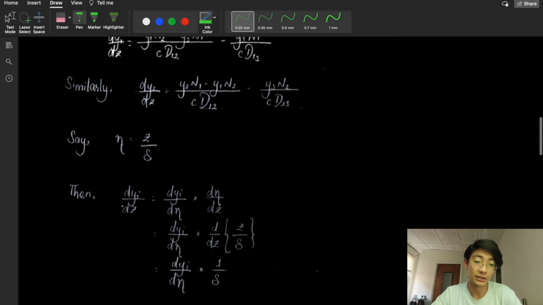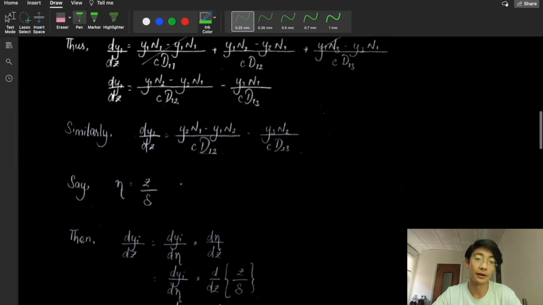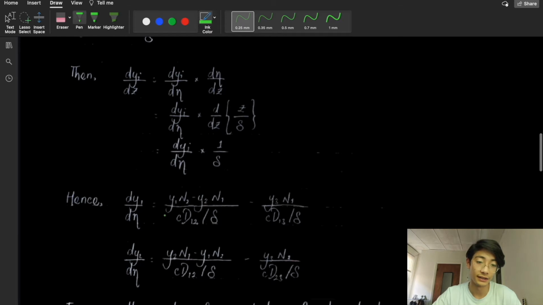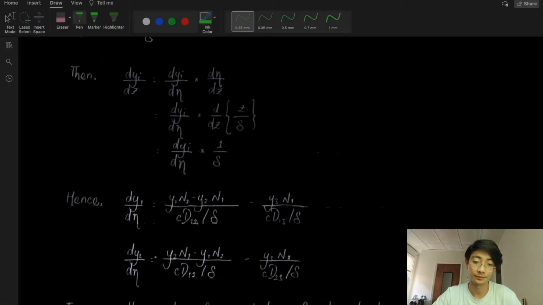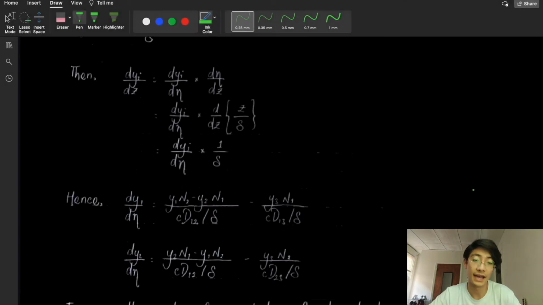So if we substitute that relationship into our Stefan-Maxwell relationships, what we end up with is this relationship for y1 and that relationship for y2. So we finally have our Stefan-Maxwell relationships, which have been standardized to fit all kinds of problems.